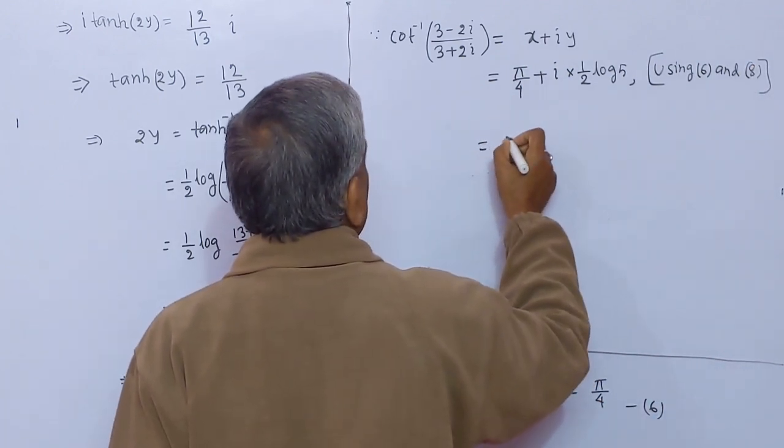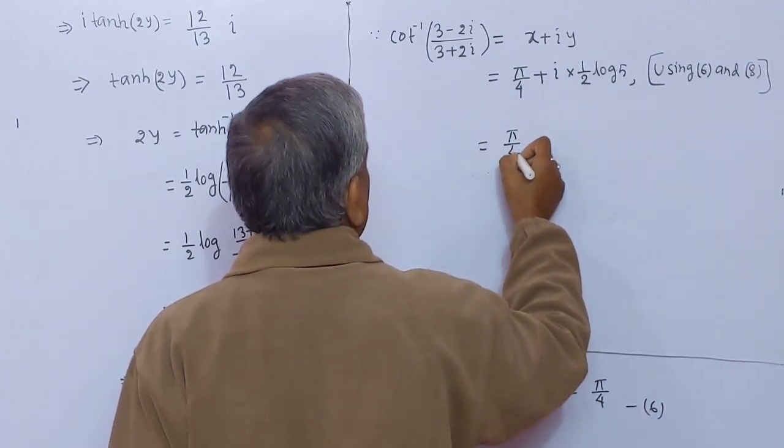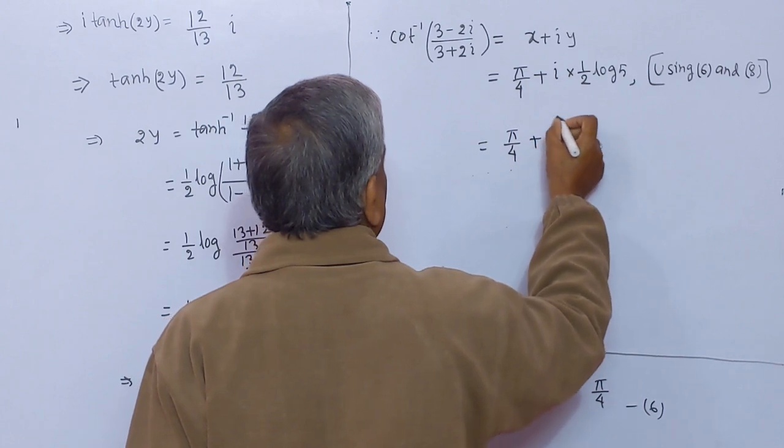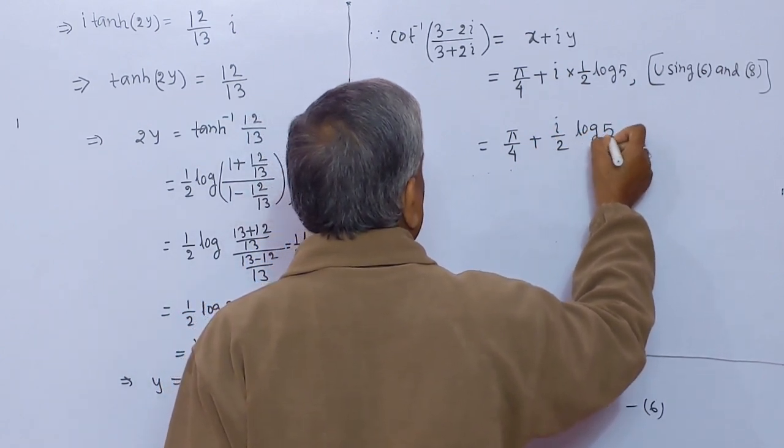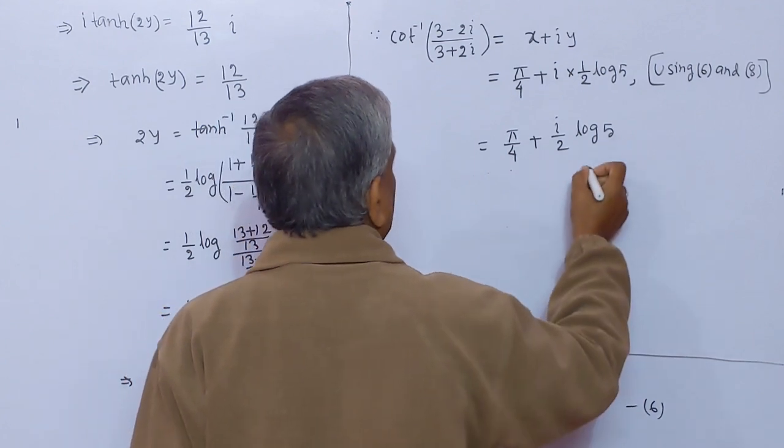This equal to pi by 4 plus I by 2 log 5 and proved.